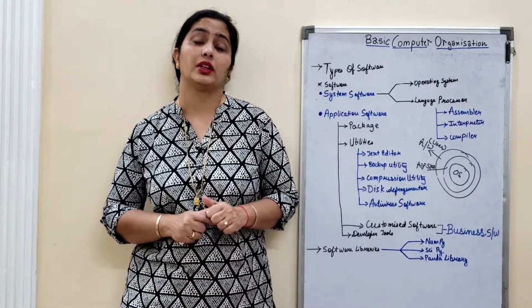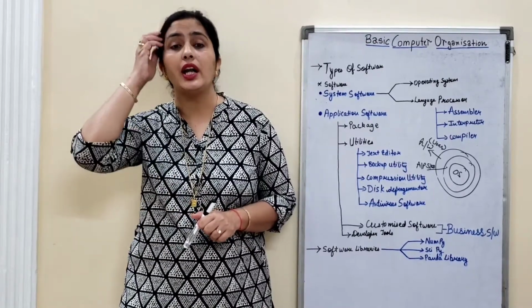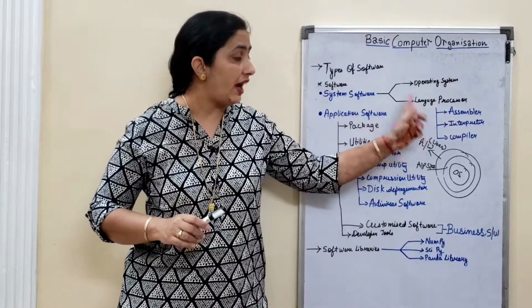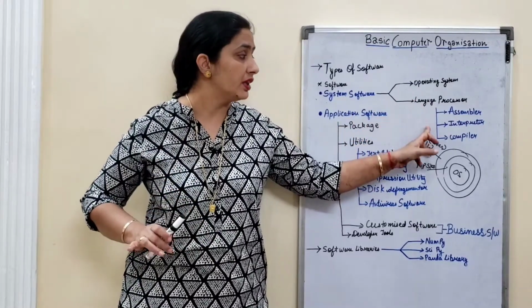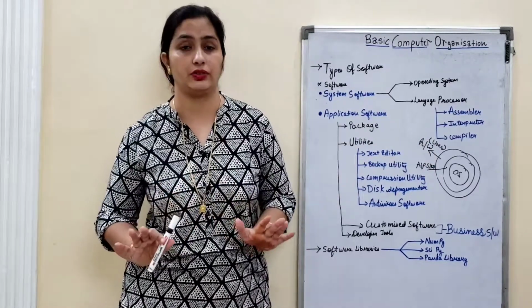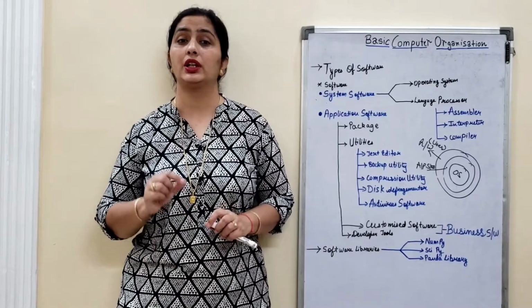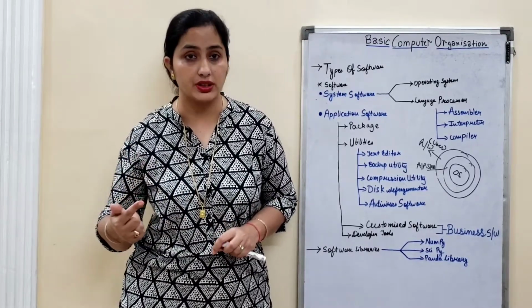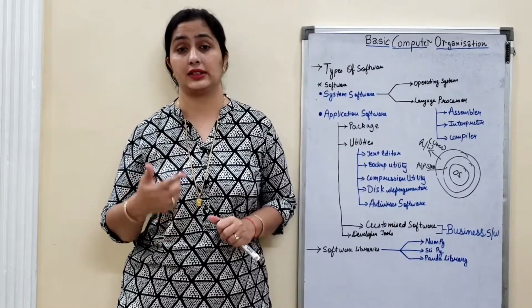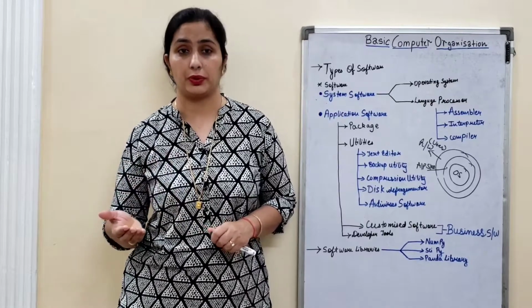But as I told you in the previous video, the computer understands only the language of 0 and 1, right? Here we have three things: assembler, interpreter and compiler. Now students, listen very carefully. I told you in my previous video that when you switch on your system, all your operating system files, the machine language, get uploaded into your computer.